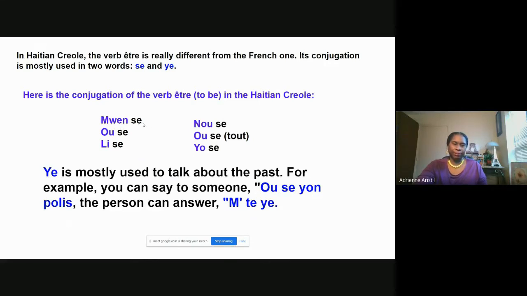Moi c'est, ou c'est, li c'est, nous c'est, ou c'est, yo c'est. Ye is mostly used to talk about the past. For example, you can say to someone, où c'est police? The person can answer, Nteye. That means the person was a police officer.